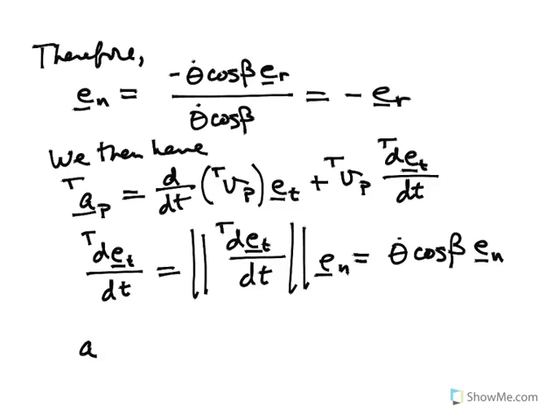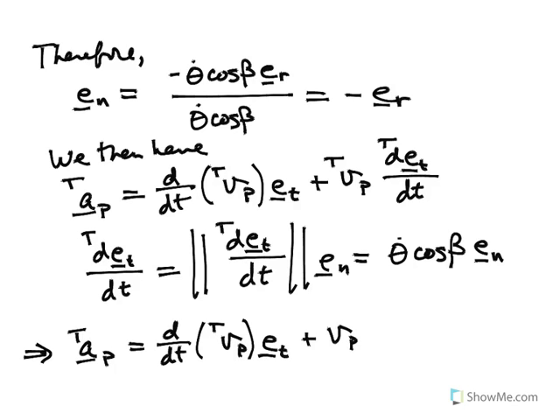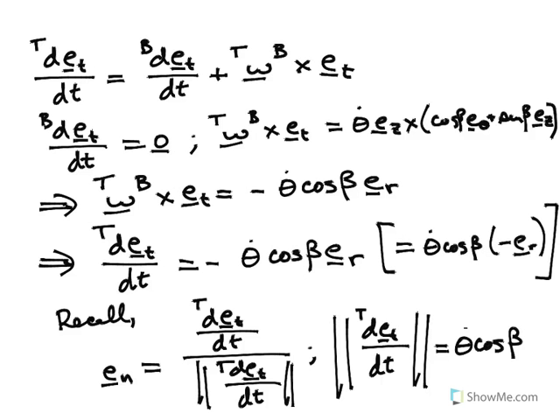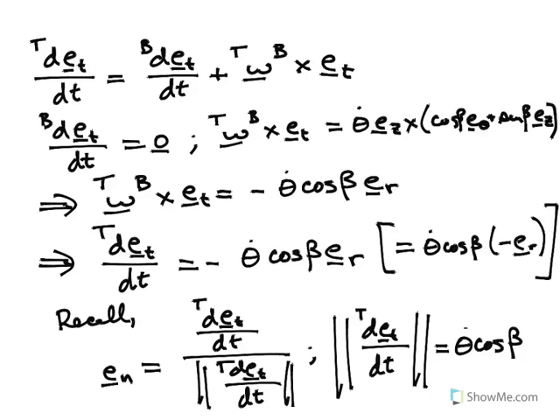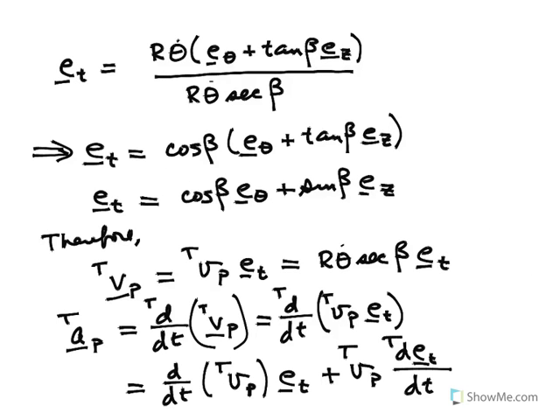So then the acceleration of point P is equal to the rate of change of the speed times the tangent vector plus the speed times theta dot times the cosine of beta times En. And all we did to get that was substitute in everything along the way. And now we can start taking the derivatives completely out.